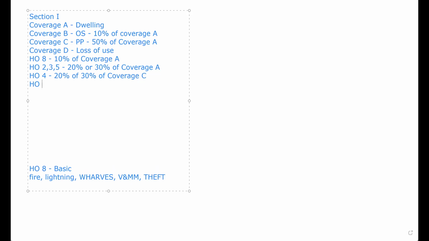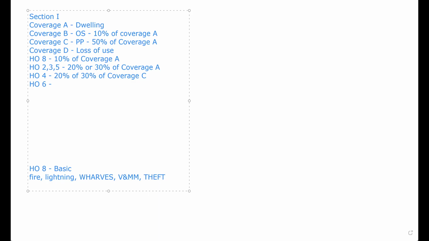Now, your HO4 is a renter's policy, so they do not have a Coverage A. So this is going to be either 20% or 30% of Coverage C here. And then your HO6 is a condo policy.